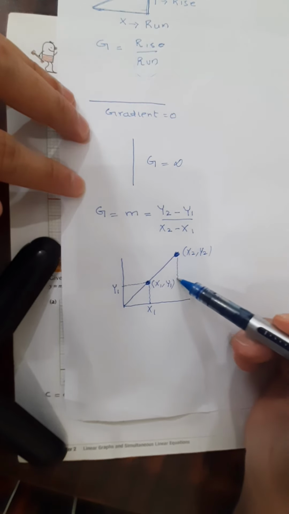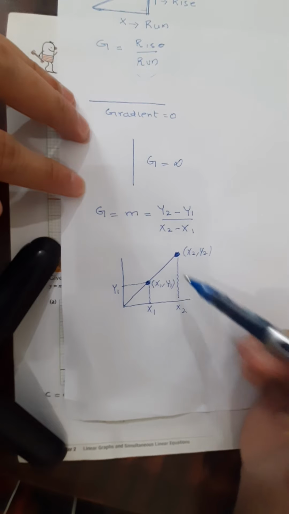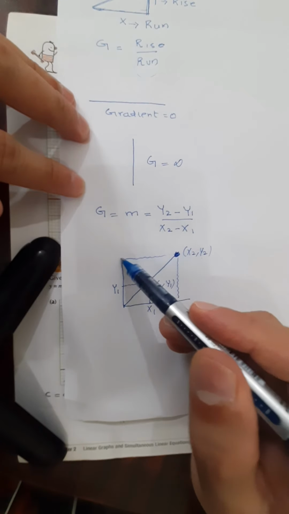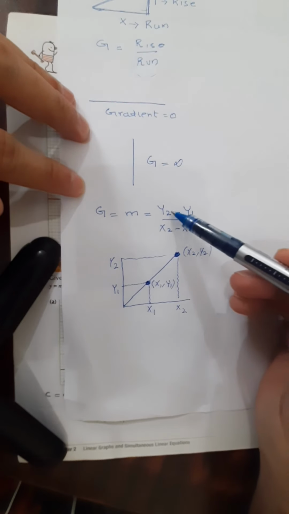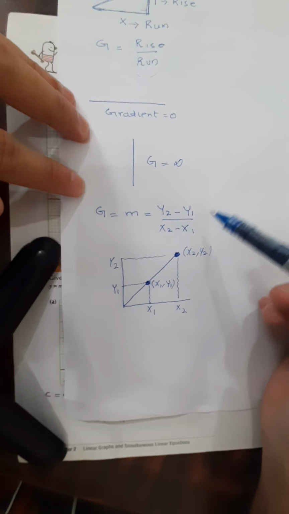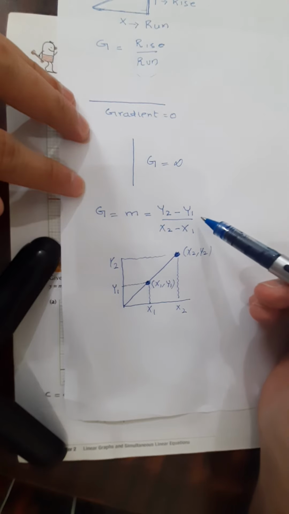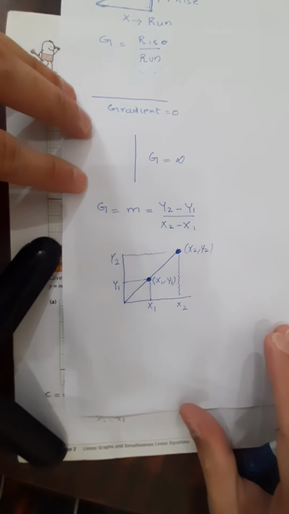So this one is the value for x2 and this one at this point is the value for y2. So putting the values of y1, y2, x1 and x2, you can find the slope or gradient of any line.